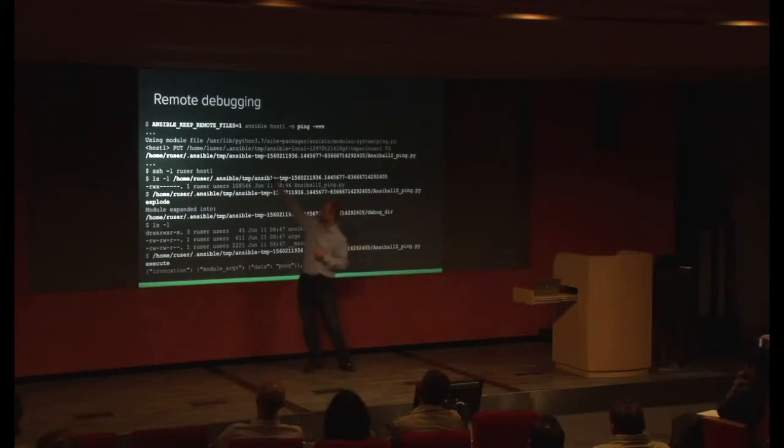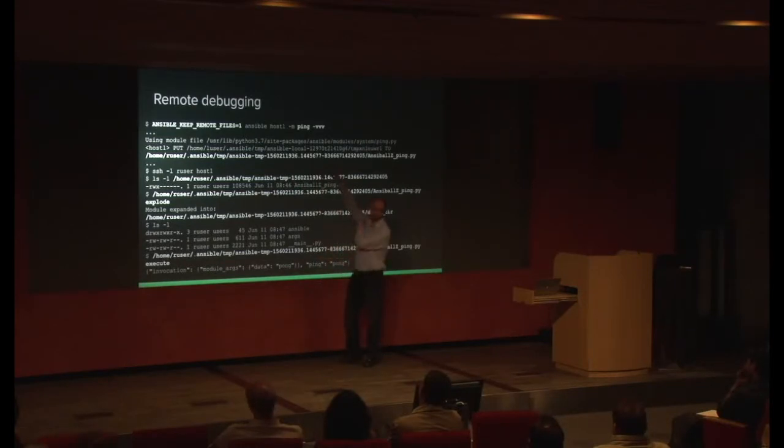But if you set this environment variable in front of the command, then it keeps the files on the remote side, and you can explore them and also rerun the code remotely. You set this environment variable plus the three v's at the end to have real verbose output. Then if you run your playbook or module, you get very verbose output.